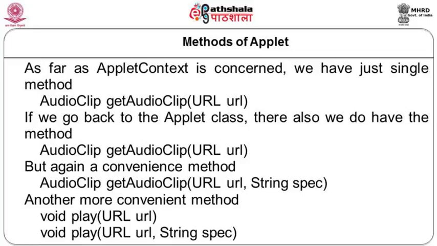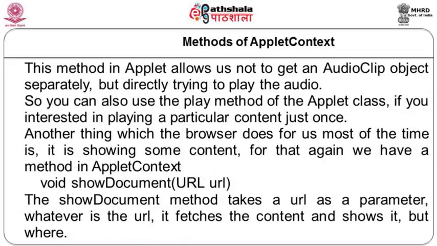The applet class provides us the method play where you specify a URL, or you can give a URL and relative to the URL a string can also be given. The code there would be to get the AudioClip from this and then play it also, in one go. So you directly have a convenient method called play if you are interested in playing a particular audio content just once. So for that purpose, the Applet class provides those methods.